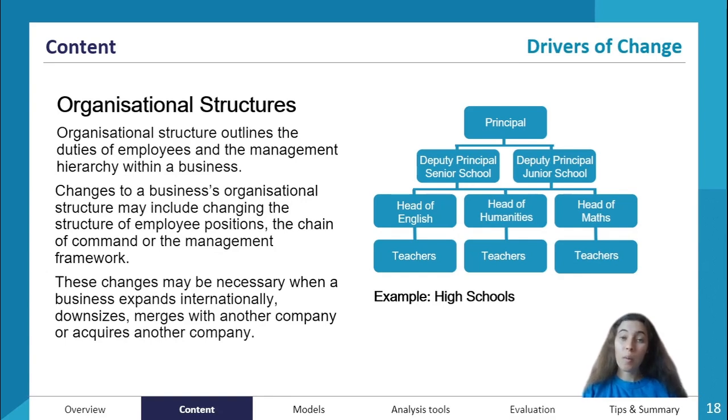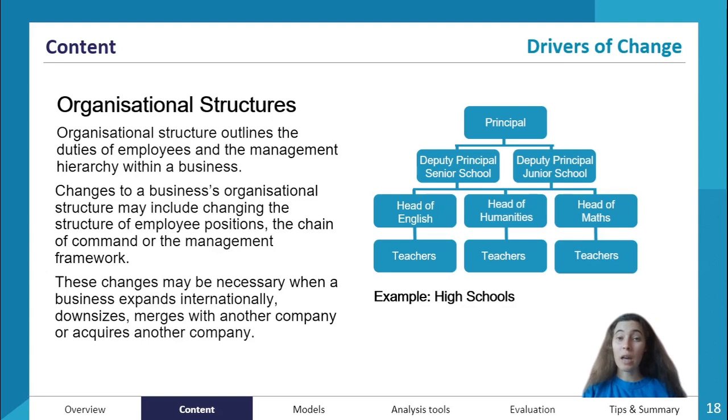So, an example that I always think of when I'm thinking of organizational structure that I found really helpful at school, as an immediate kind of vision in my head, is just your high school structure in terms of the way that you've got the chain of command and the hierarchy with all of the teachers and the executive level staff members.